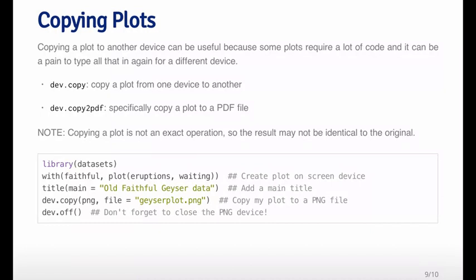But a faster and sometimes more convenient way is to copy the plot from the screen device to the file device. You can do this with the dev.copy function, which copies plots from any device to any other device. But if you specifically want a PDF file, there is a function called dev.copy2pdf, which will take the screen device and copy it directly to a PDF file.